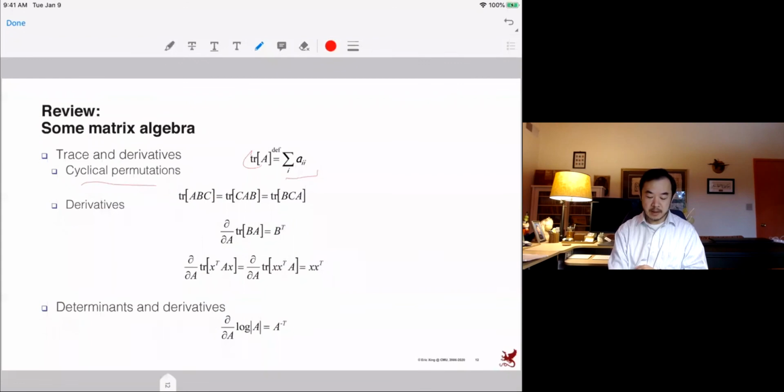The trace of these three matrices is invariant under cyclic operations of the three multiplicand matrices. You can take a derivative of the trace with respect to some other matrix. In here, let's say the argument is a product of two matrices. And then the derivative of the trace of that with respect to one of the matrices is just the other matrix transposed. Okay.